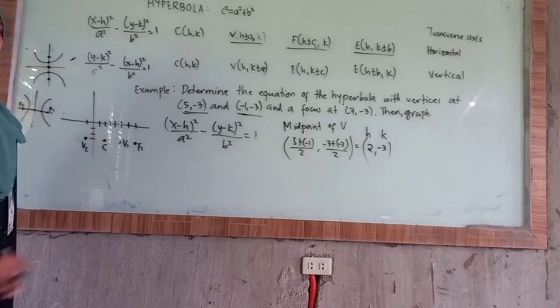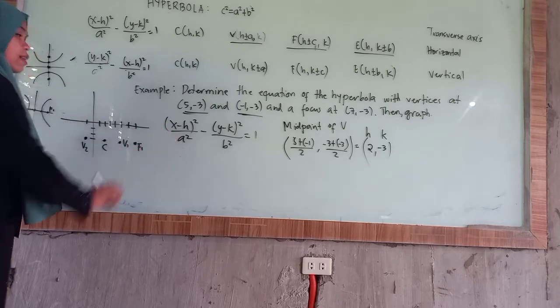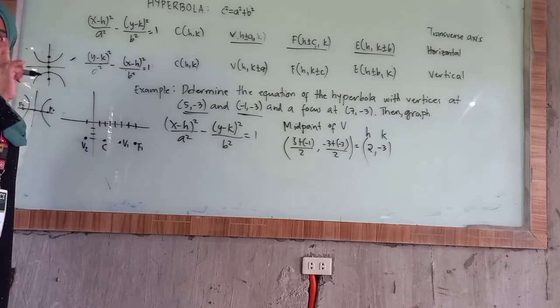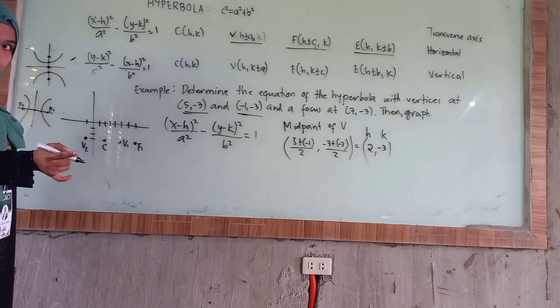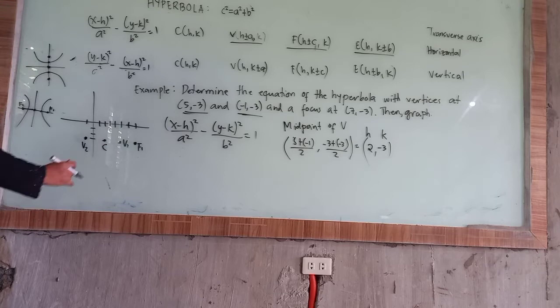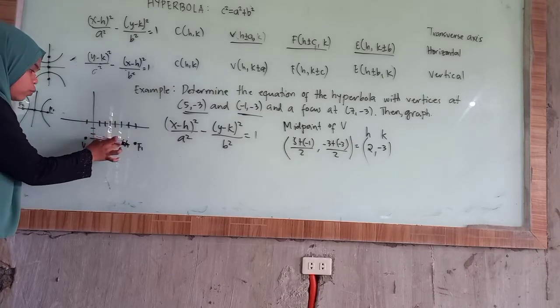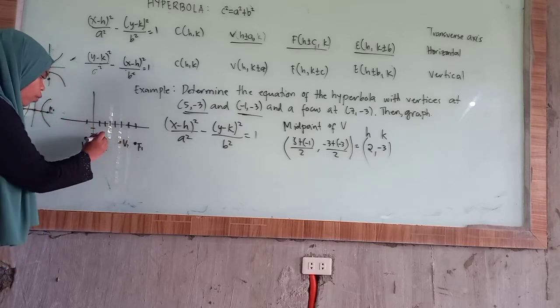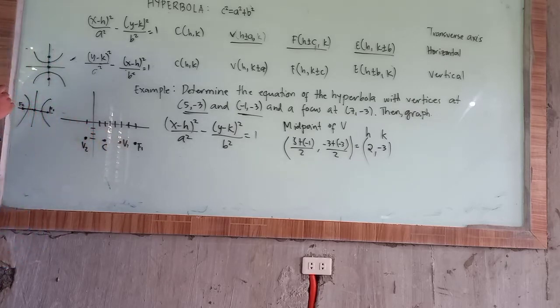So, parehas sa ellipse class, A, that is the distance from the center to one of the vertices. Okay? Again, yung A natin, that is the distance from the center to either of the two vertices. Ibig sabihin yung dito, papunta dito, or ito papunta dito. Okay.